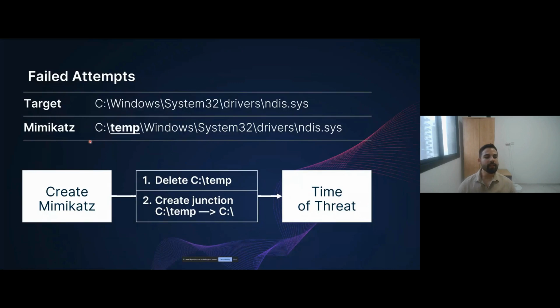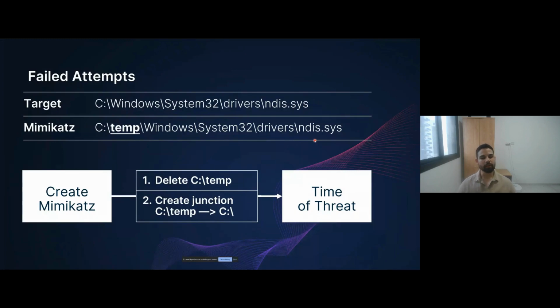But these attempts were not very successful, and I saw two primary behaviors by the EDRs. The first behavior by some EDRs was that once I deleted the temp directory with the Mimikatz file inside, they identified that there is no longer a threat and no longer a need to delete the malicious file because it's gone.